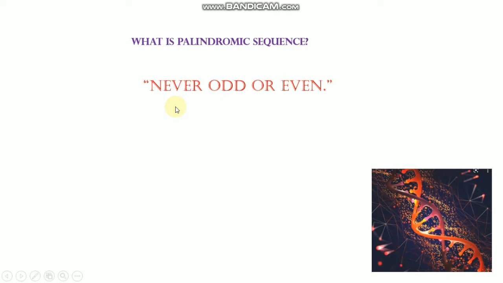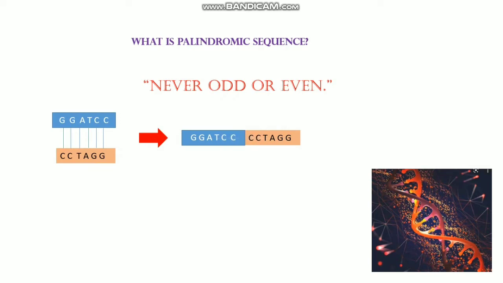It's the same in a DNA sequence as well. If the sequence is GGATCC, its complement is CCTAGG. If you put them beside each other, they look the same. Read from the left or from the right, it is the same. This is known as a palindromic sequence.